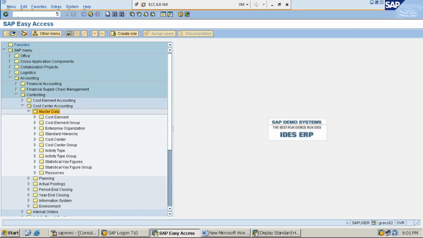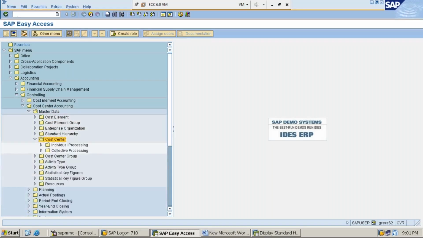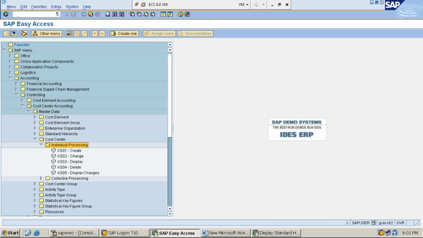Then master data. Then next, cost center. Next, individual processing. Next, double click on KS01 create.